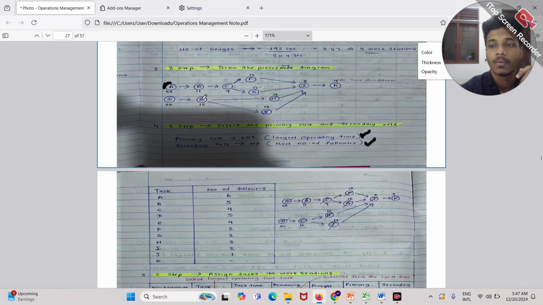E has 4 followers. The follower count is 4.